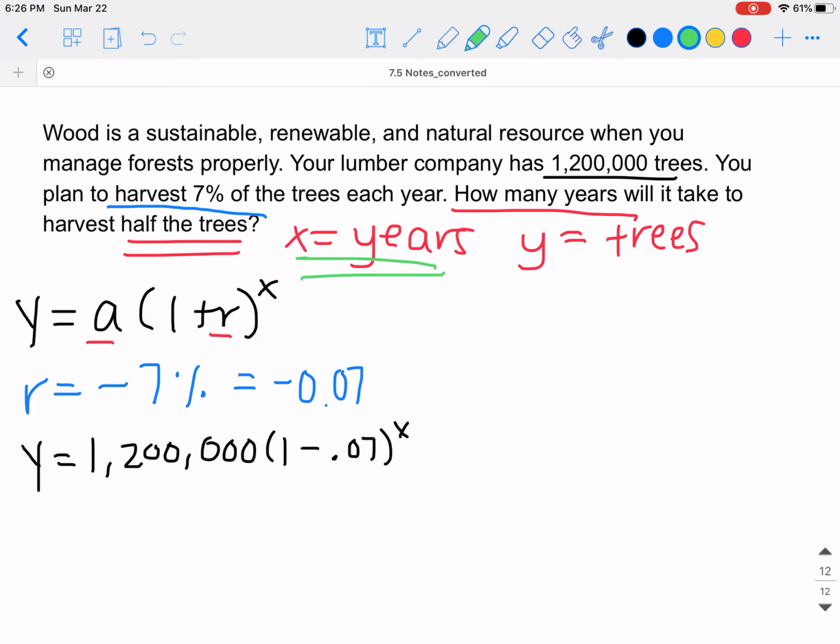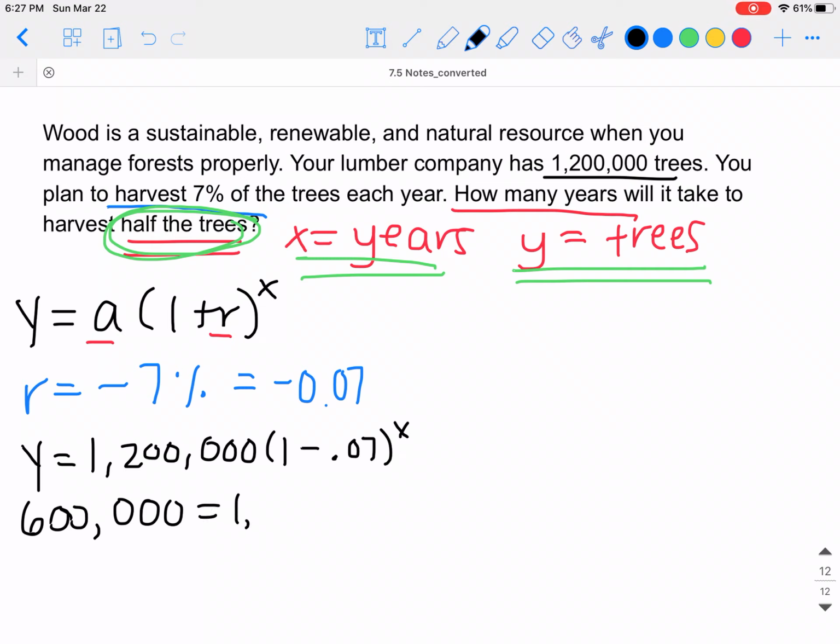How many years will it take to harvest half of the trees? So our y value, the number of trees that we want to get to, is half of our original number. So 1,200,000 divided by 2 gives us 600,000, which is our y value, equals 1,200,000 times (1 minus 0.07, which is 0.93) raised to the x power.